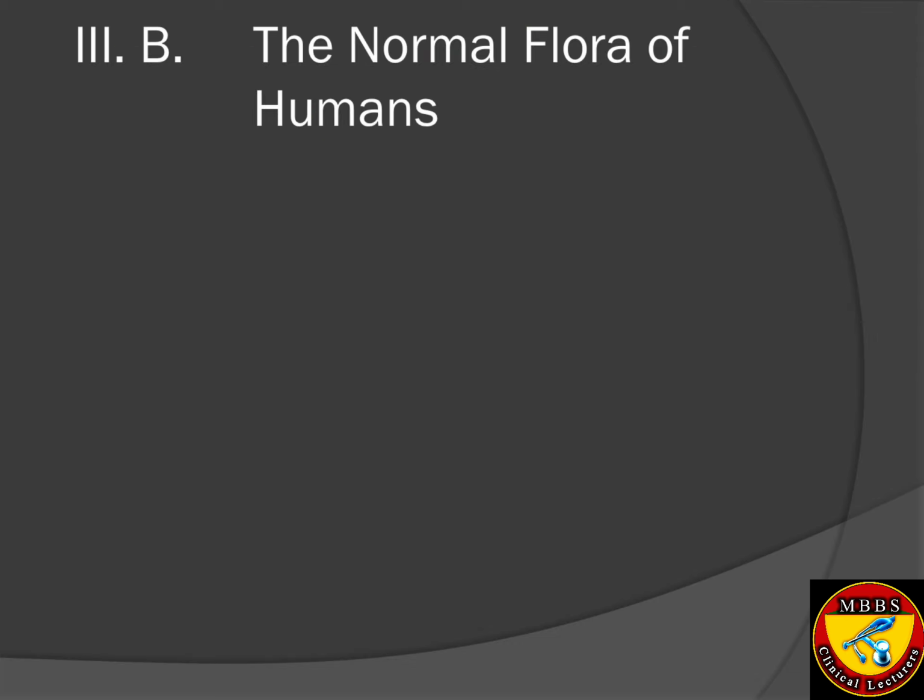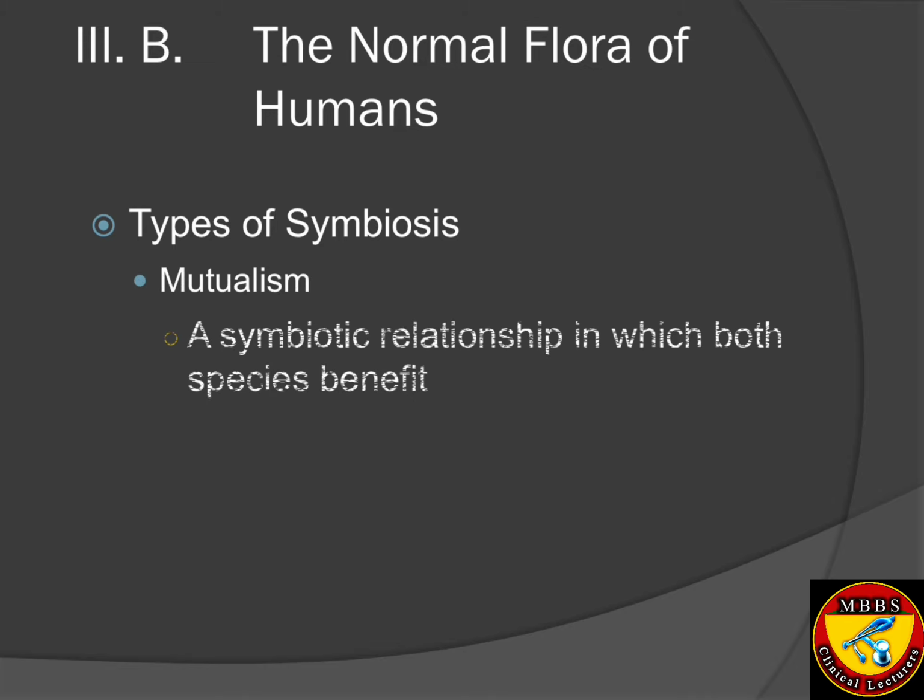So, a little bit about normal flora of humans. I will not go into depth of these because they will be discussed later on, but just a brief statement that normal flora of the humans cause types of symbiosis called mutualism, which is a symbiotic relationship in which both the species benefit. The bacteria living on the human as well as the human cells both get benefit out of this relationship.